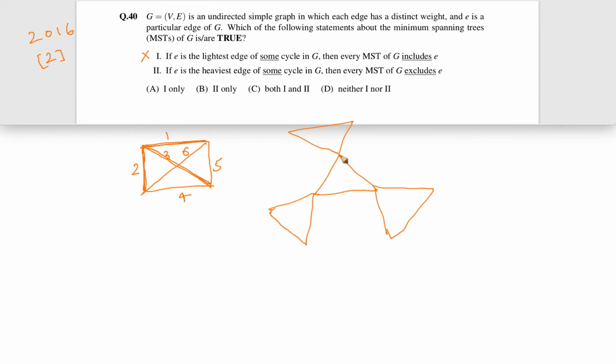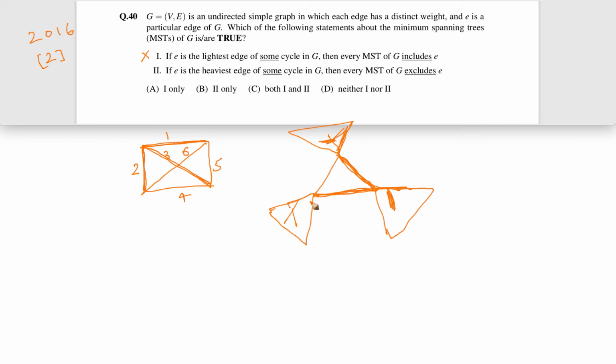Let's say this edge is there in the MST, this edge is there in the MST, and whatever other edges are coming, let's say these edges are there in the MST. So overall this MST is formed.